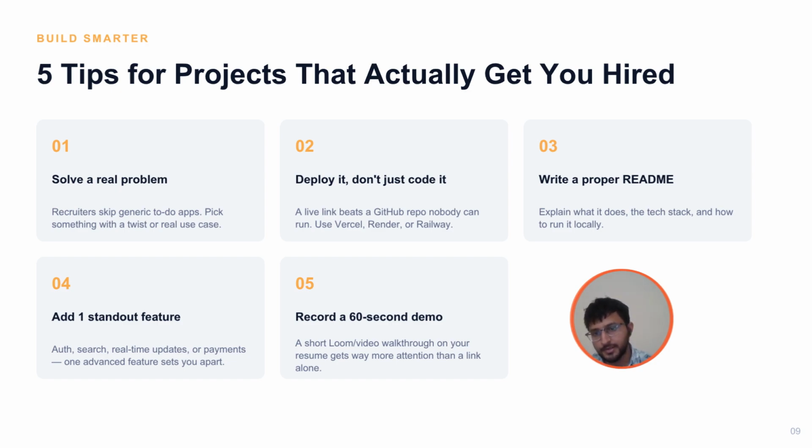The second thing is deploy it. The third thing is a proper readme file. The fourth thing is to add standout features to the project. And the fifth thing, record yourself making these things and upload it on your LinkedIn. Follow these 5 things.